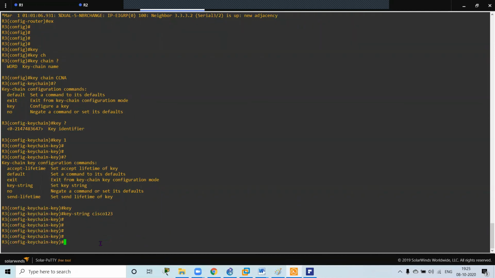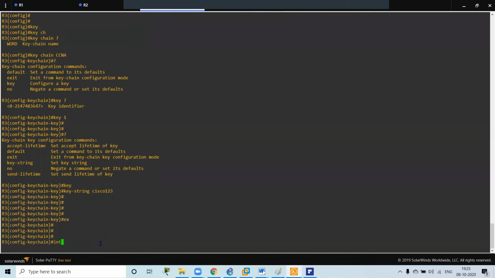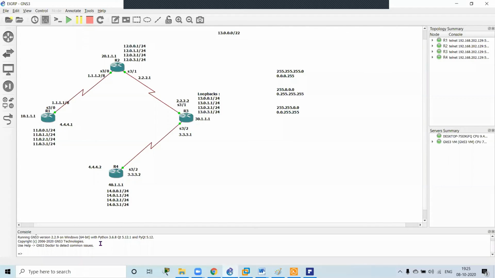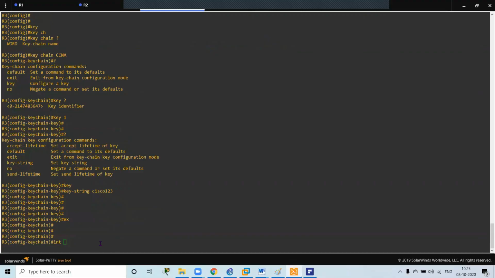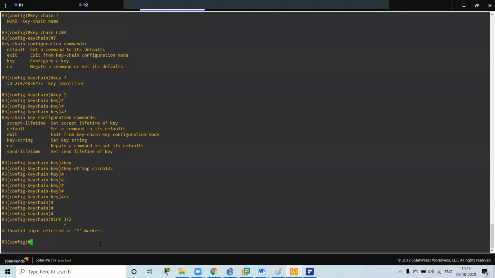I have created a keychain named CCNA, a key ID, key 1, and a key string Cisco123. Now I'll go inside the interface, which is interface serial 3/2.